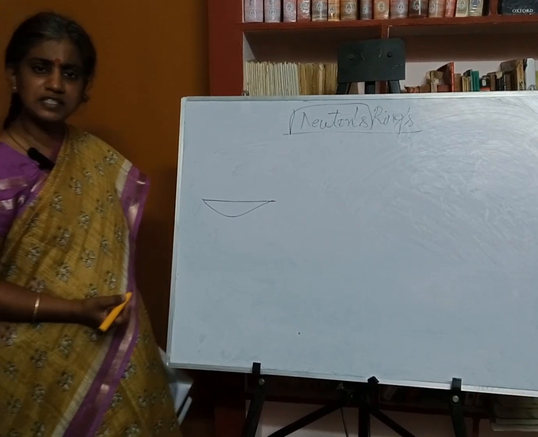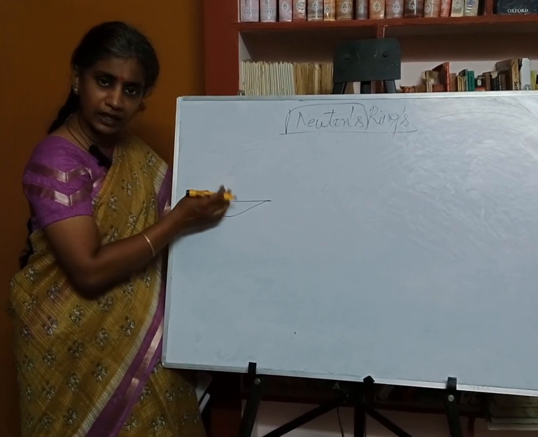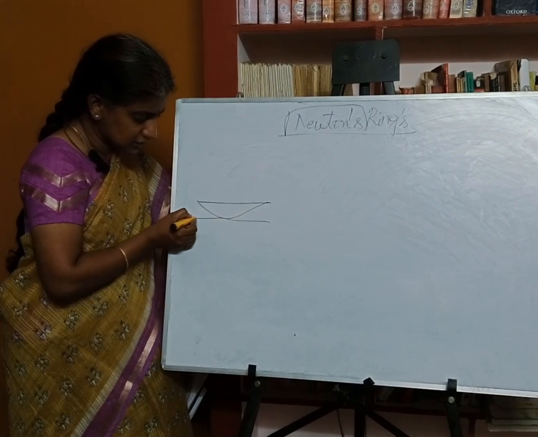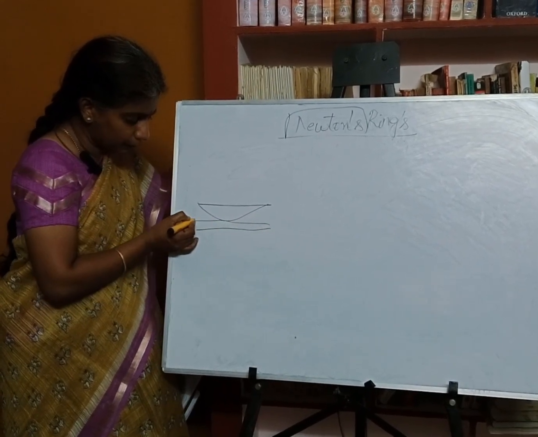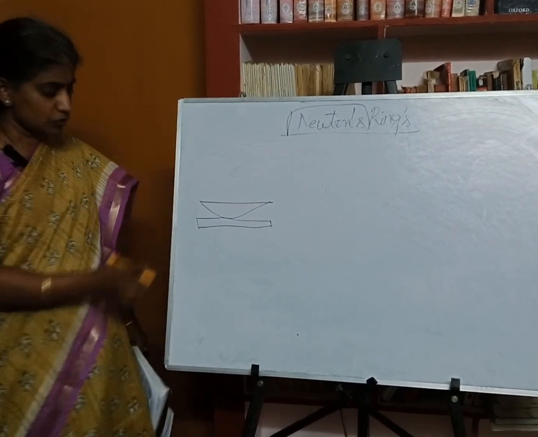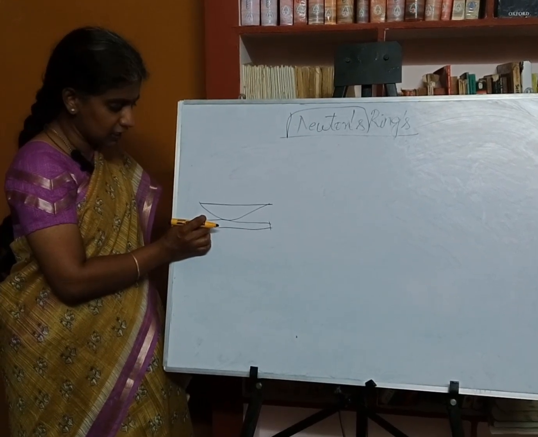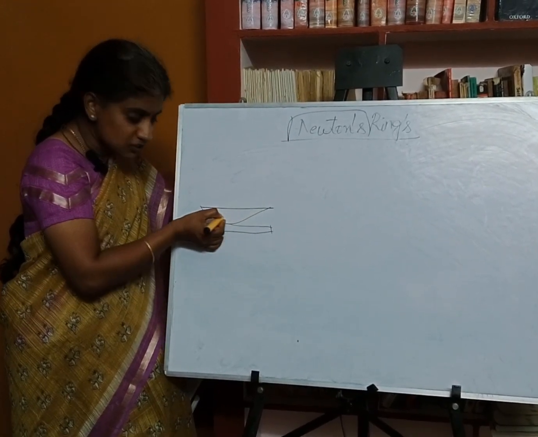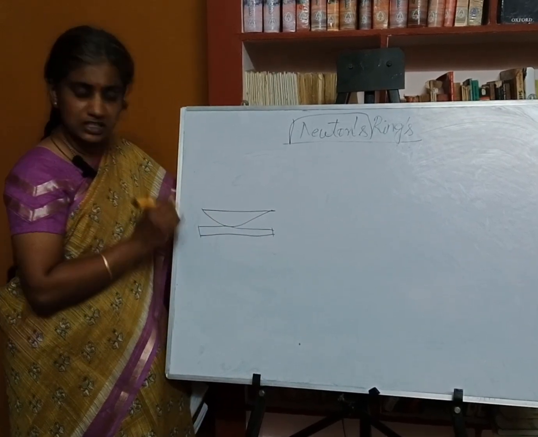What is a plano convex lens? One surface is plane and the other surface is convex. This plano convex lens is kept over a plain glass plate. So the bottom one is a plain glass plate and the top one is a plano convex lens with its convex surface touching this glass plate.